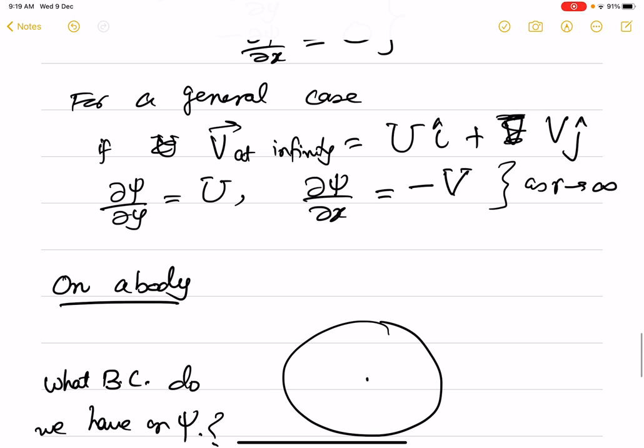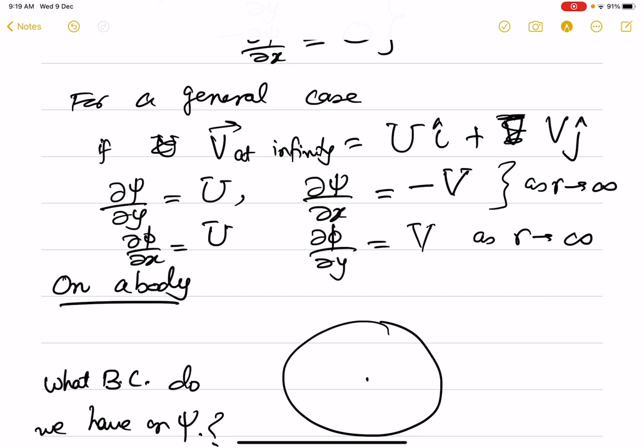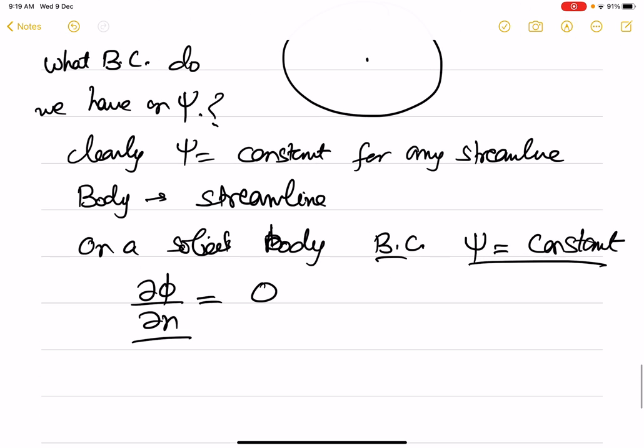Here also you can work this out. If we write it in terms of phi, then partial phi by partial x will become equal to u, and partial phi by partial y will become equal to v as r tends to infinity. So boundary conditions can be written either for psi or for phi.